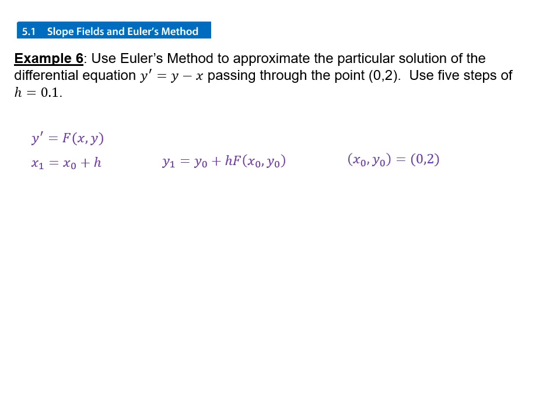So x0, y0 is 0, 2. That's our initial point. And h is 0.1. f of x, y is y minus x. So x sub 1 is 0 plus 0.1, which is 0.1. And y sub 1 is 2 plus 0.1 times 2 equals 2.2.